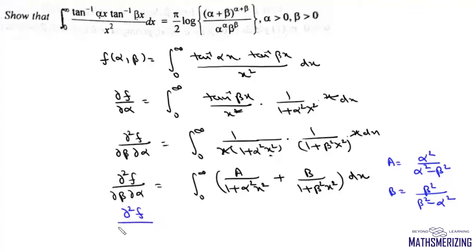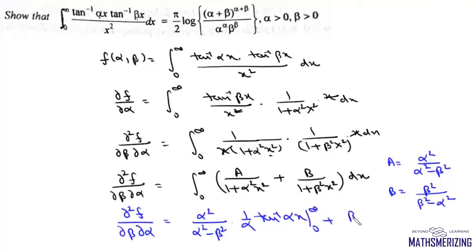del square f upon del beta del alpha, let it be this a, which is alpha square upon alpha square minus beta square into 1 upon alpha tan inverse alpha x from 0 to infinity, and then plus beta square upon beta square minus alpha square into 1 upon beta tan inverse beta x from 0 to infinity.